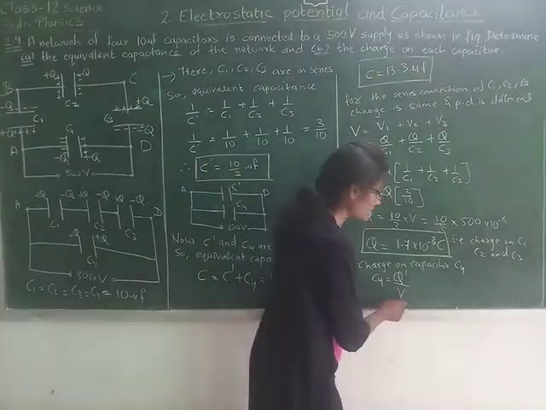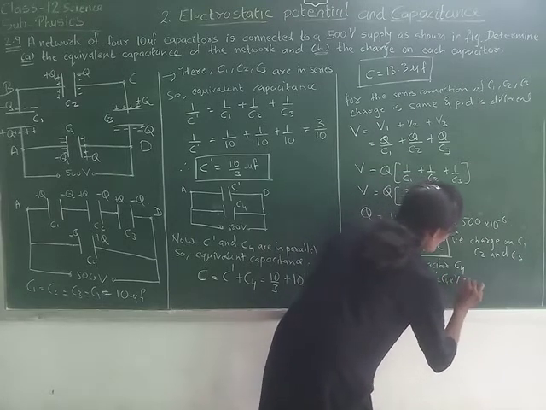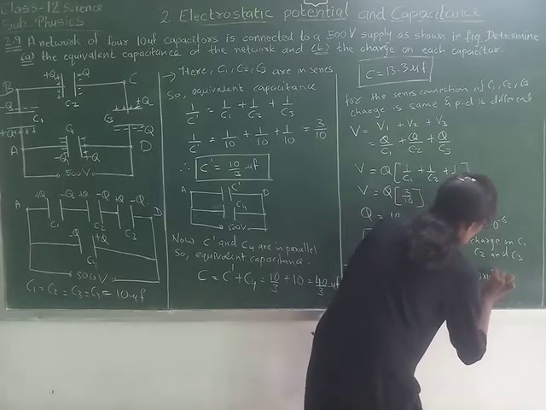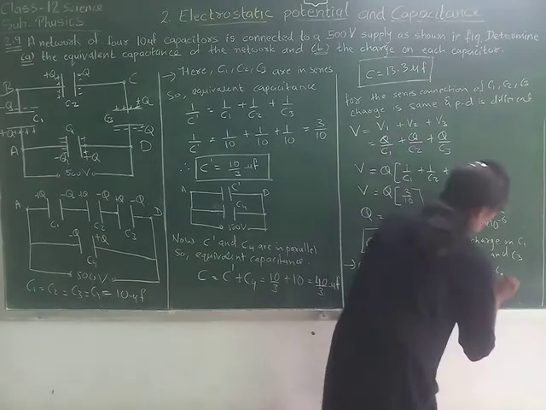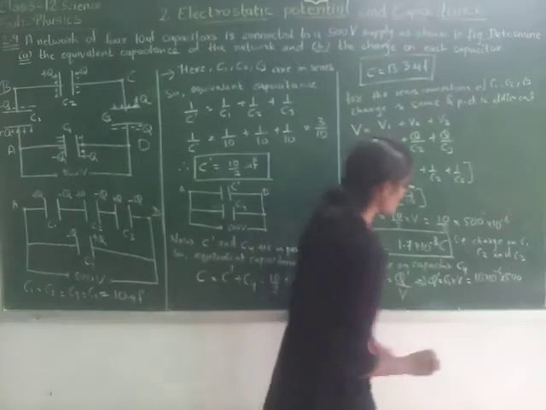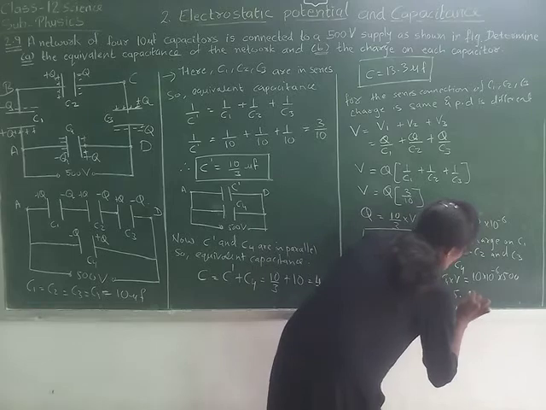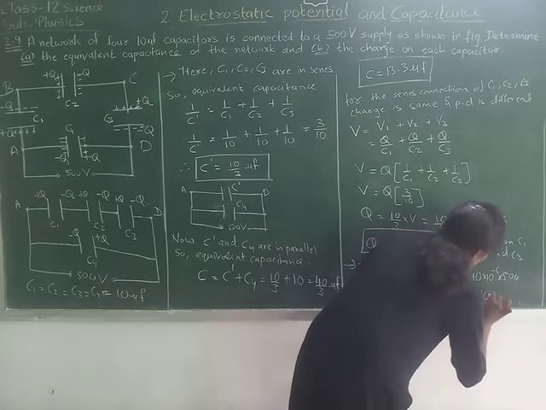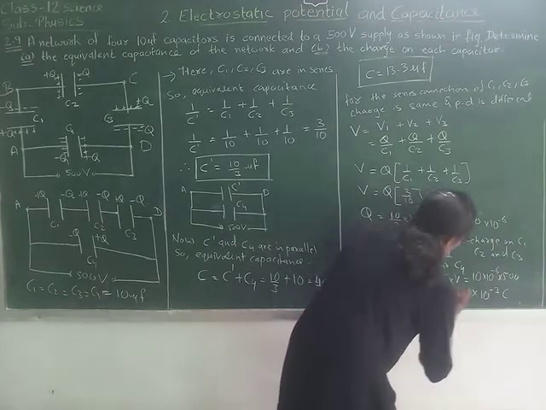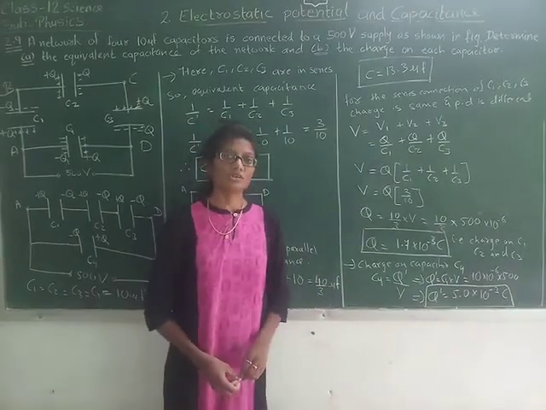So we can simply write it as V. Thus Q dash equals C4 into V, where C4 is 10 microfarad, that is 10 into 10 raised to minus 6, and V is 500 volt, right? So we get the value Q dash equals 5.0 into 10 raised to minus 3 coulomb. So this is the charge on the capacitor C4. So students, you may note down this numerical.